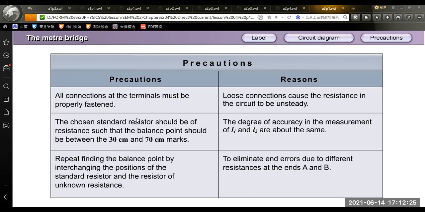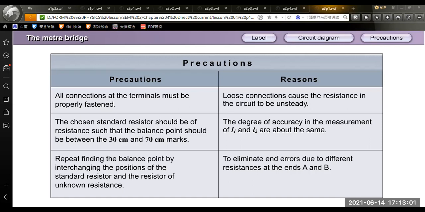If we get equal portions in both cases, the error in the measurement is very low, almost none.